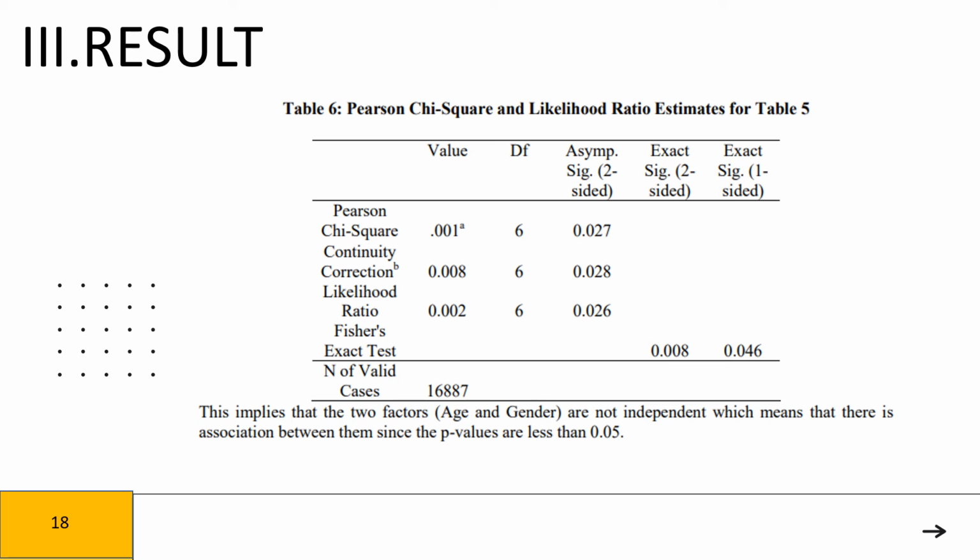The last table is the Pearson chi-square and likelihood ratio estimation from table 5.